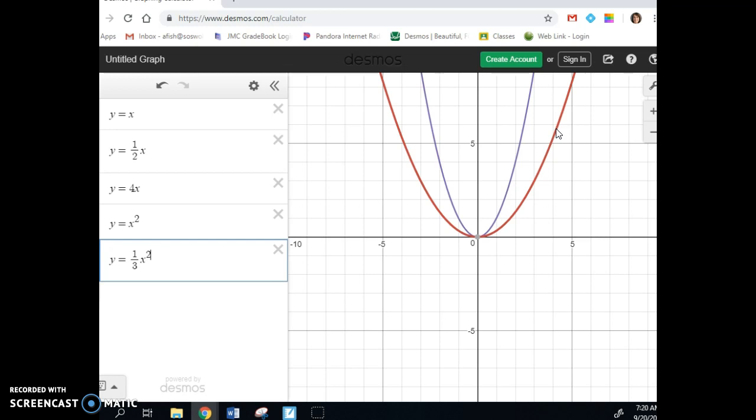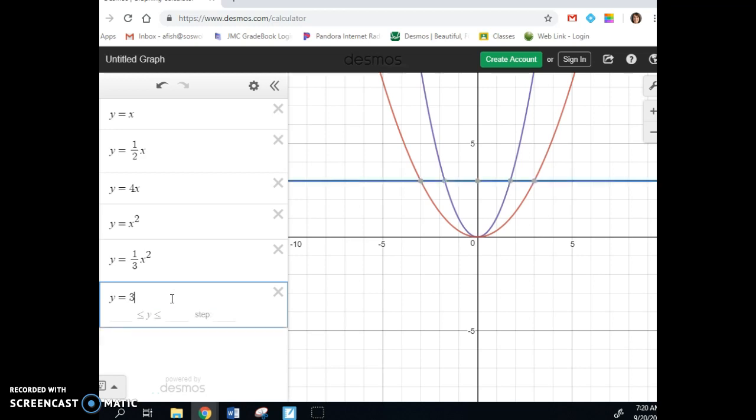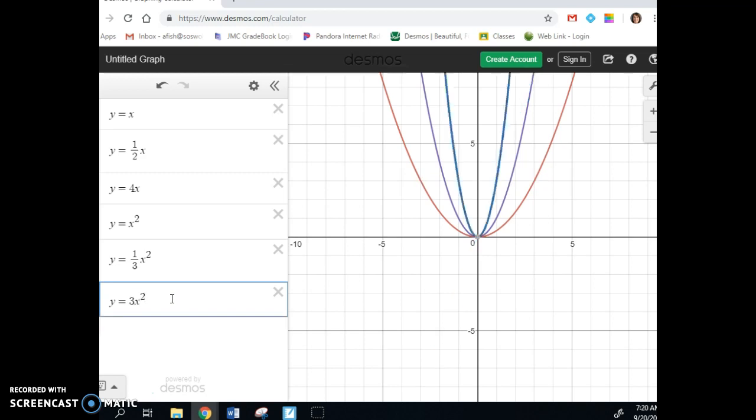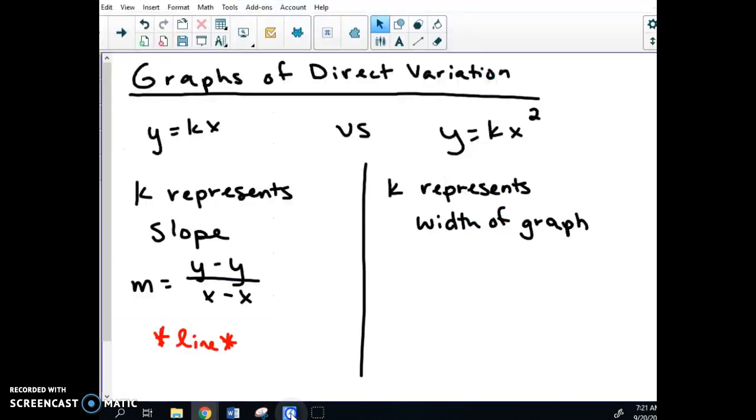This actually took the arms of that parabola and extended it wider. So if I'm going to use y equals 3x squared, as you can imagine, this is actually going to make the arms go in. So the larger the number, the closer the arms of that parabola come to the y-axis. The wider it gets, the smaller the number is as a fraction. So just something to note there.